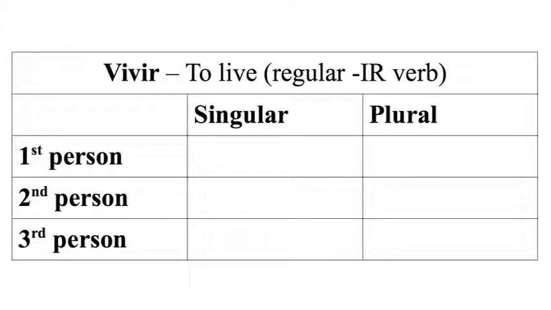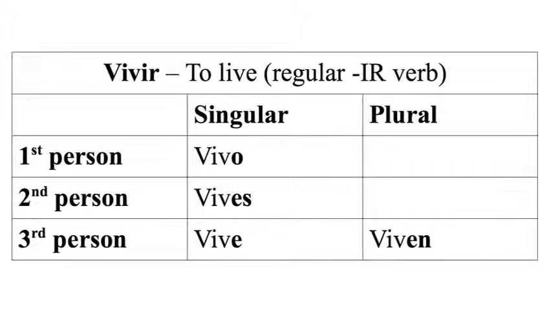So with our verb vivir, that gives us vivo, I live, vives, you live, vive, he or she lives, or you formal live, and let's skip nosotros and vosotros, viven, they live, or you live.